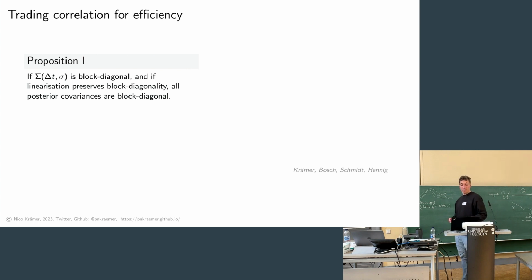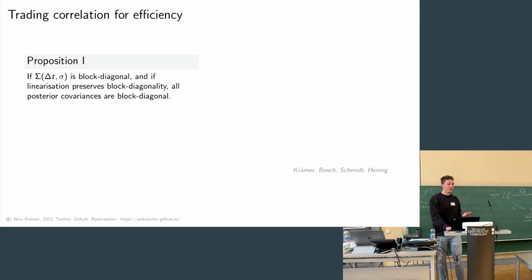And it turns out that if we assume that our process noise covariance matrix is block diagonal, and if the linearization is, think of it as sufficiently nice, then all posterior covariances are block diagonal, which means we can basically implement this ODE solver step for each dimension independently. So we extrapolate a one-dimensional model d times, we linearize, and then we correct d one-dimensional models again.